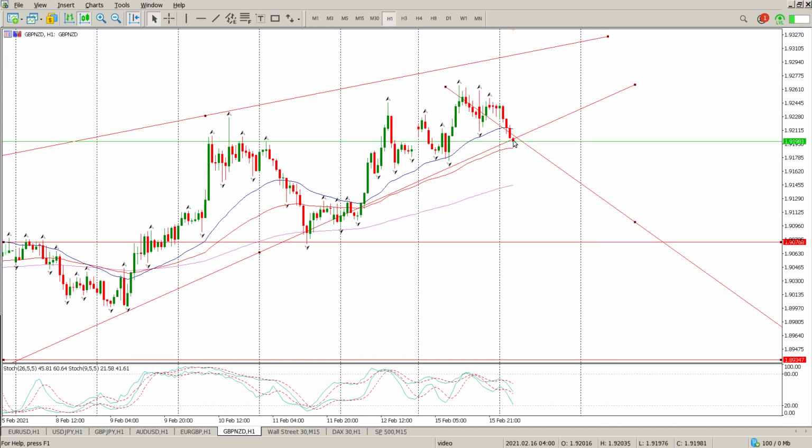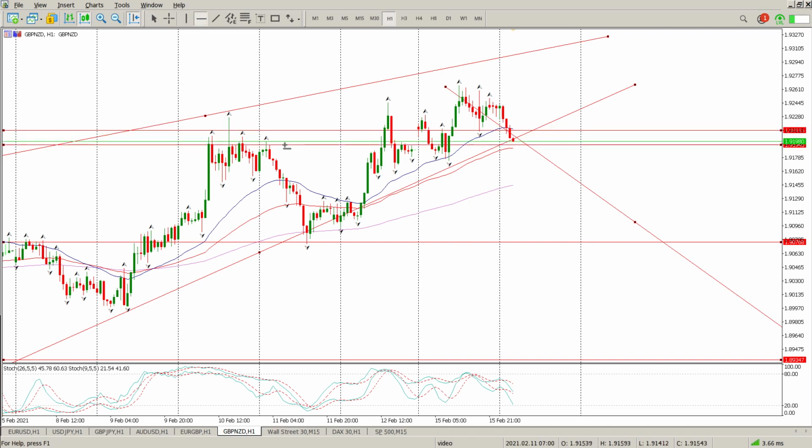So I have a sneaky suspicion we are going to be heading to the downside at the moment. Confirmation of that is really only going to be on a retest of a breakout. So right now on the hour, that is going to be right here. But look a little bit left, you can see there's another one here.